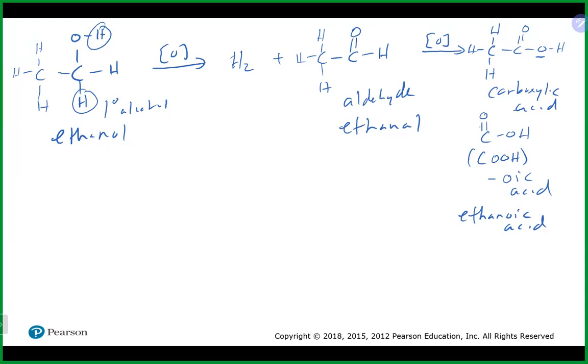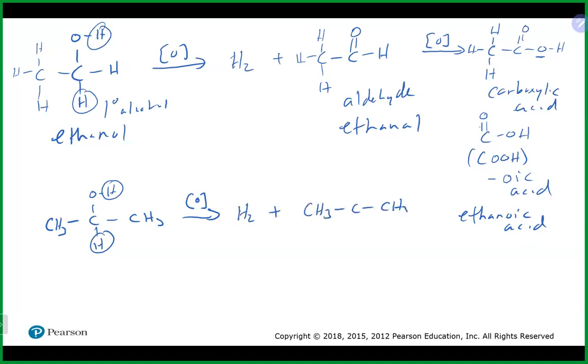We also know that if we take a secondary alcohol here and oxidize it, we will lose our hydrogens and we will make our ketone there, putting in our double bond. And as we just saw, this is what is known as 2-propanol.